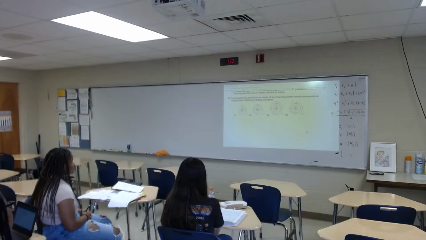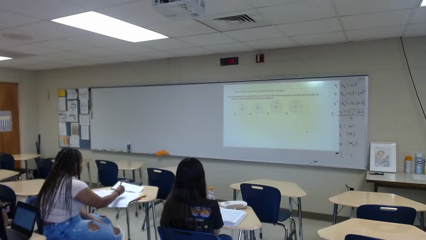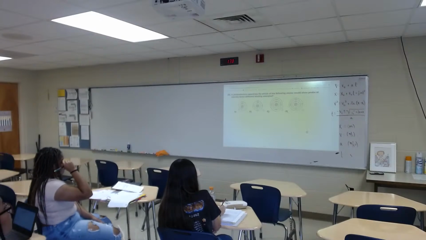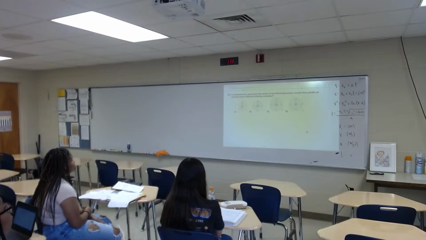Did you say it was C or D? D. Okay, that's fine. The PES spectrum for which of the following atoms would show peaks at exactly 3 different binding energies? That's going to mean it's got 3 subshells. So 1s, 2s, 2p.